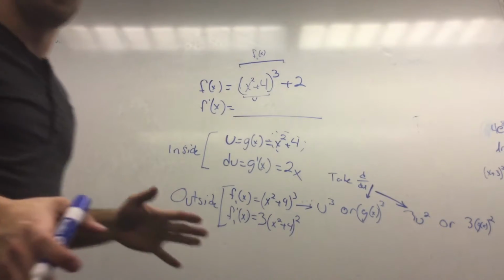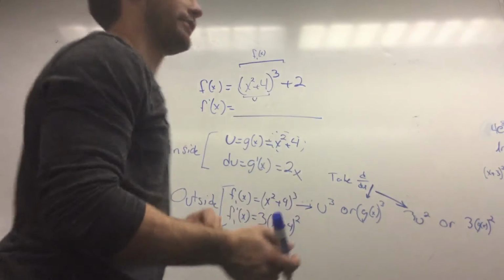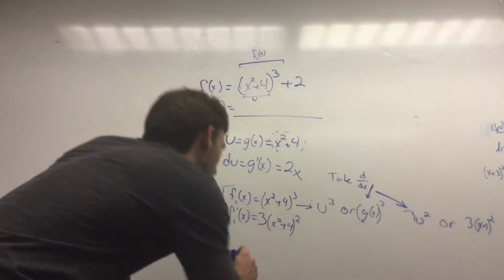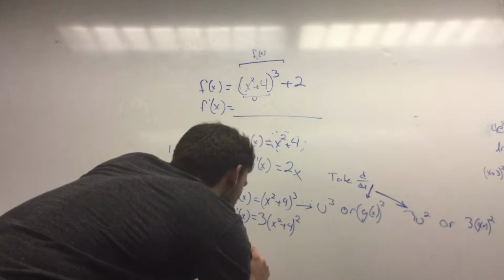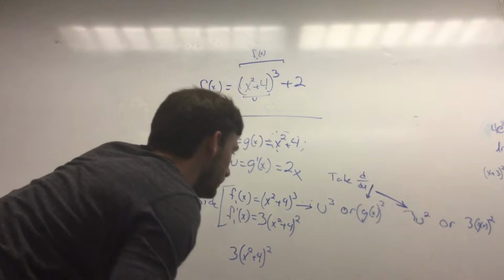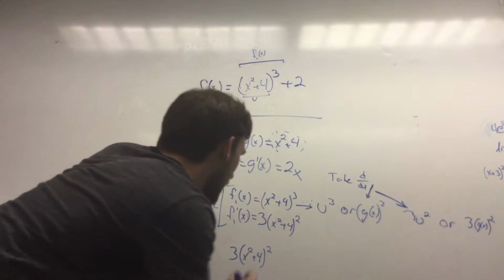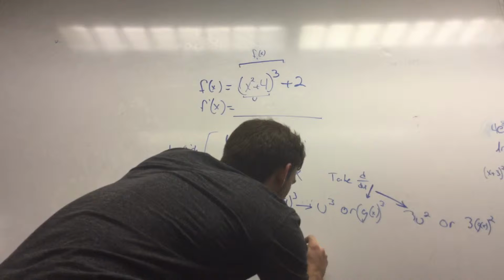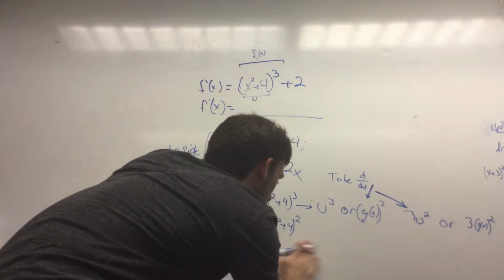Am I done? No, because I didn't actually apply the chain rule yet. So now I'm going to apply the chain rule. So I'm going to say 3 times x squared plus 4 quantity squared times my du. So this is my u prime times, or sorry, back up.